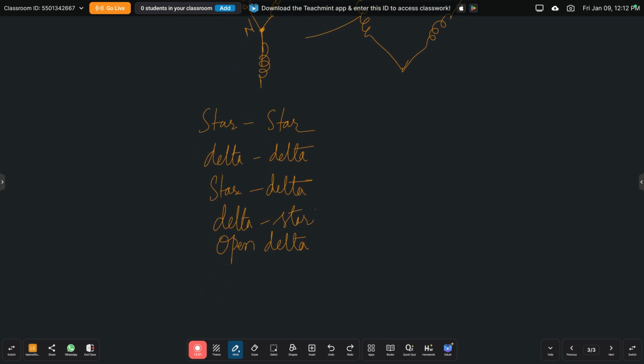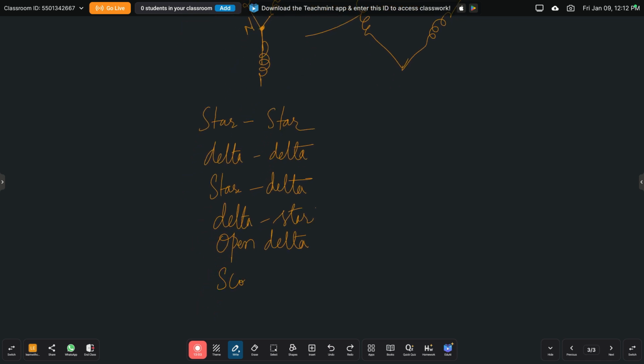Lastly, we have the Scott connection. These are the configurations we have to represent in three phase systems.